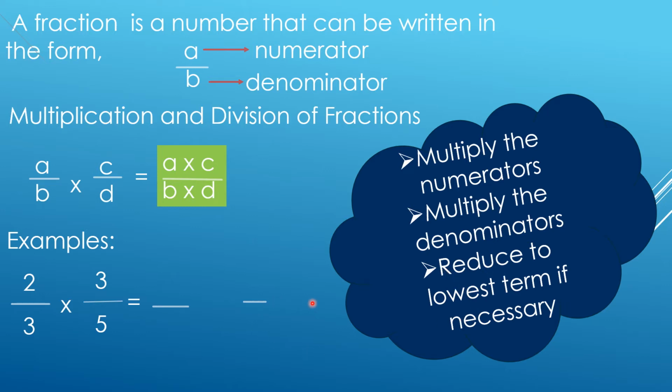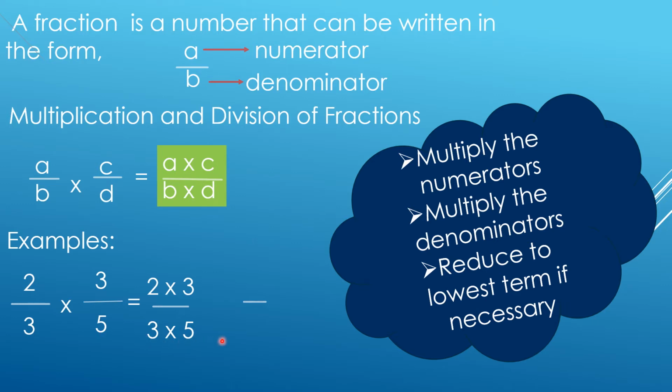But this is the technique that I want you to learn. You don't multiply as in 2 times 3 is equal to 6. Just copy 2 times 3, and then the denominator also 3 times 5. Okay?